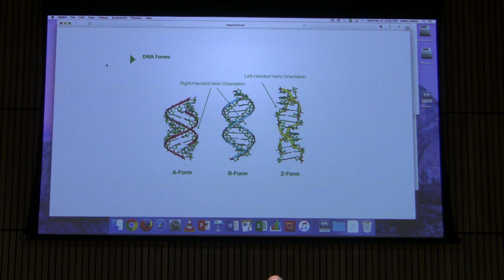Okay? Why would the cell, or why would the DNA have both of these things? Well, it's actually built into the chemistry of the DNA. And one of the things that we see about cells, one of the things that cells do, is they use everything to their advantage. And they use this to their advantage as well.